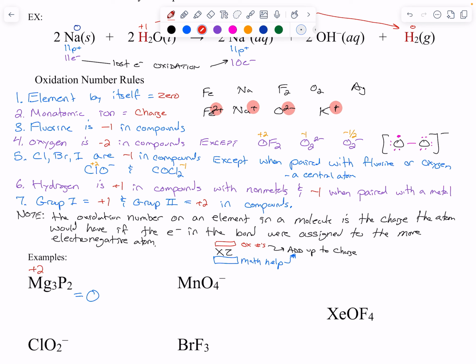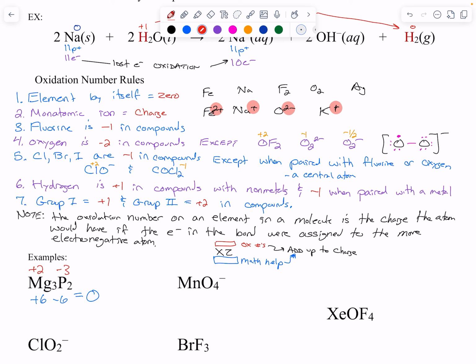All right? And since there are 3 of them, then we have a +6 here. That means underneath phosphorus is -6. So +6 minus 6 is 0. And since there's 2 phosphoruses, we're going to say that phosphorus is -3, which is what it is, right? It's in group 15. All right? Now, 2 minus 3 does not equal 0.